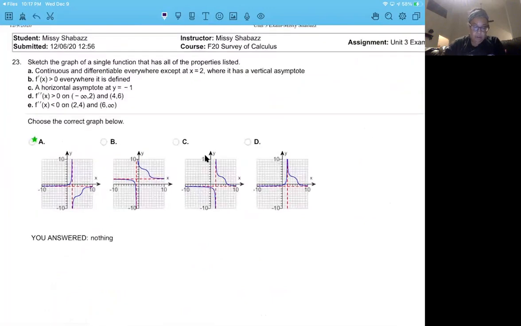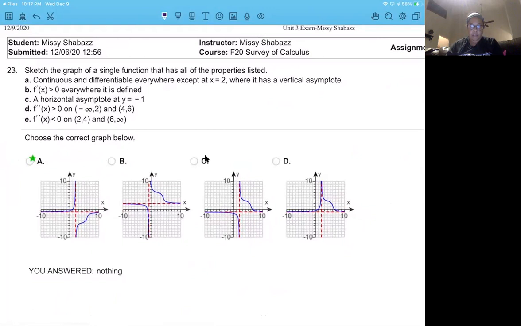All right, we have another similar problem where they give us information about the function, but they don't give us the function. Part A says it's continuous and differentiable everywhere except x equals 2, where it has a vertical asymptote. So the only one that doesn't have a vertical asymptote at x equals 2 is B. I know it's not B because it has a vertical asymptote at negative 1.